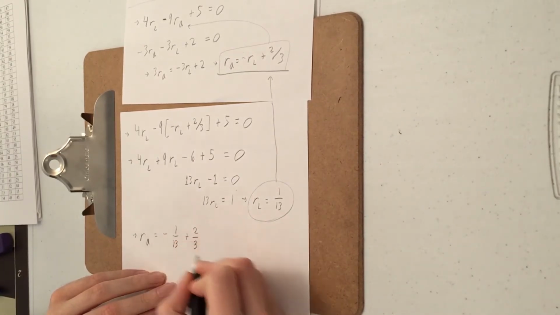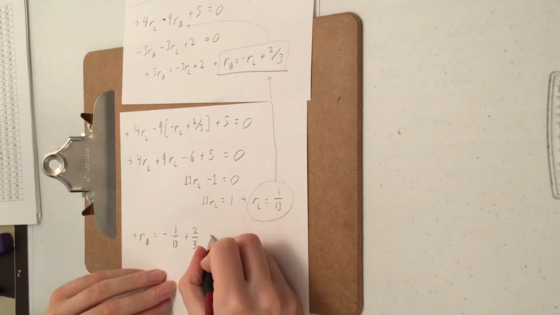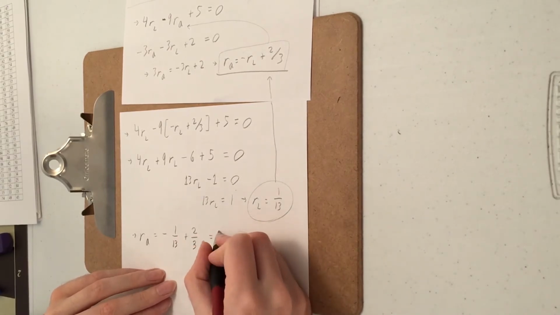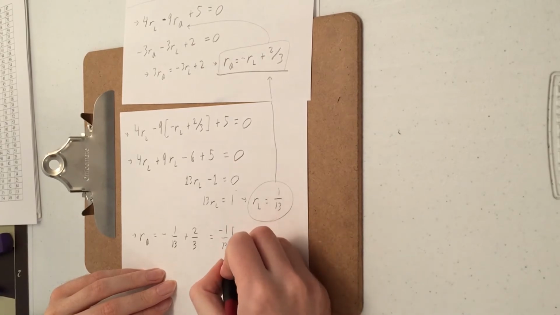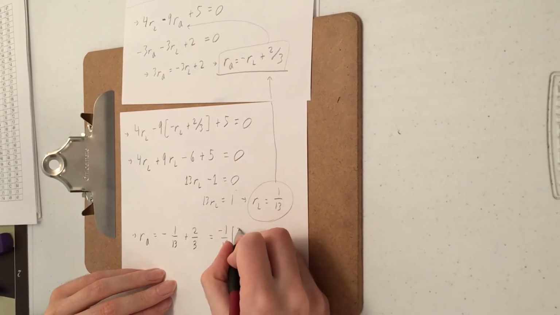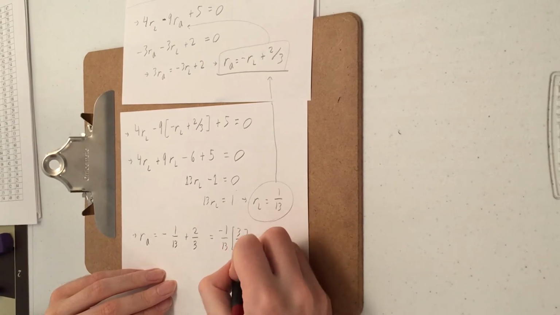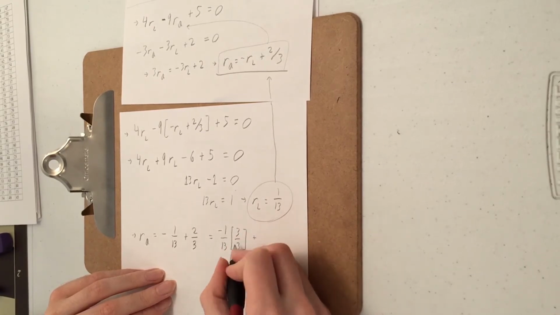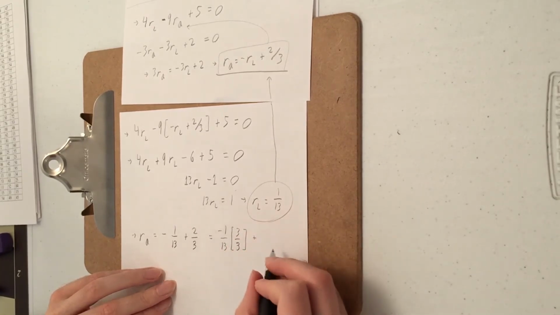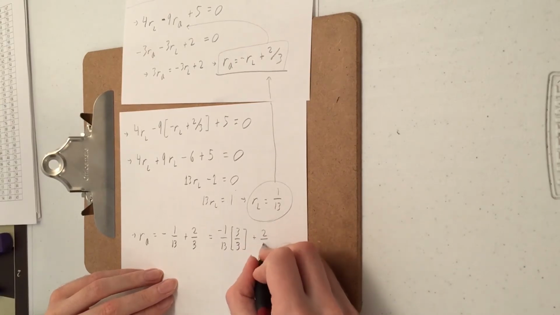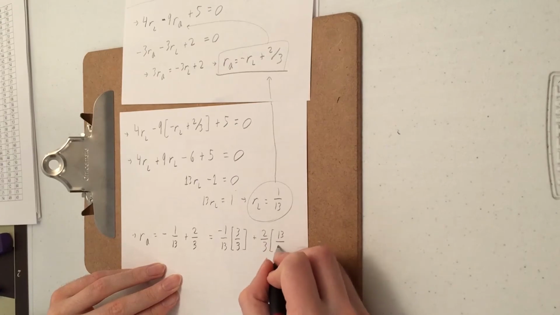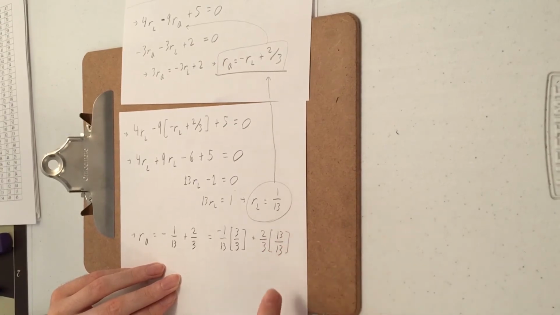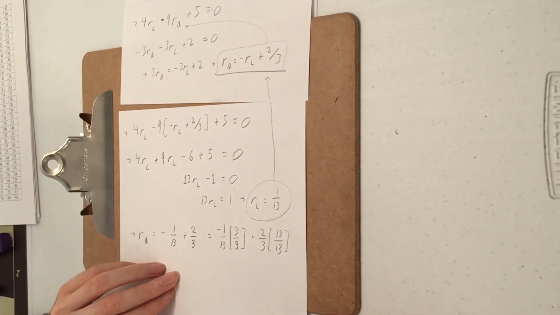So let's get a common denominator. To do that, I'll multiply 1/13 times 3 over 3. So multiply by 1, so I'm not changing the value here. I'll multiply 2/3 by 13 over 13. Again, multiply by 1, you don't change the value.